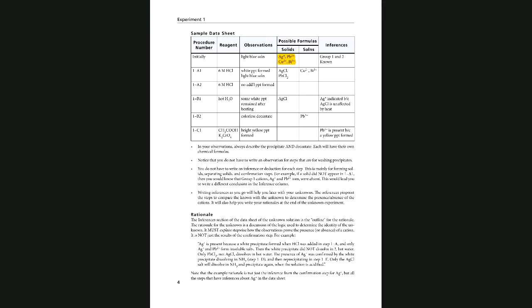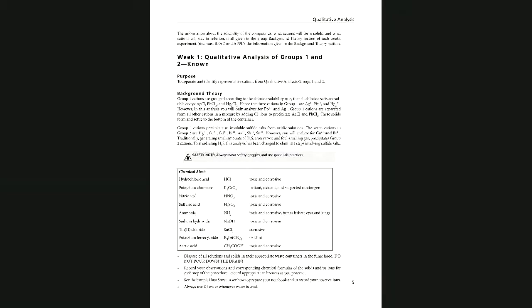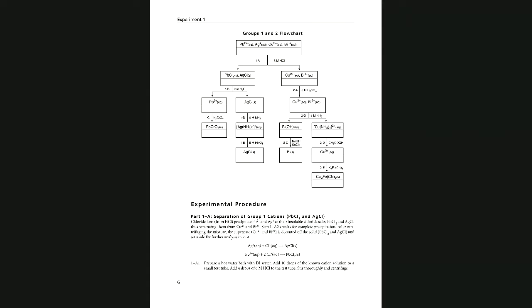Well, the unknown is going to follow the same procedure as the known, with exceptions that some of them would be positives, others would be negative. If you have your observation properly recorded, then you are going to see that when you add HCl, you may not have any precipitate.